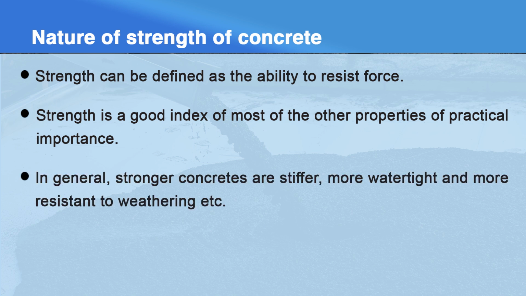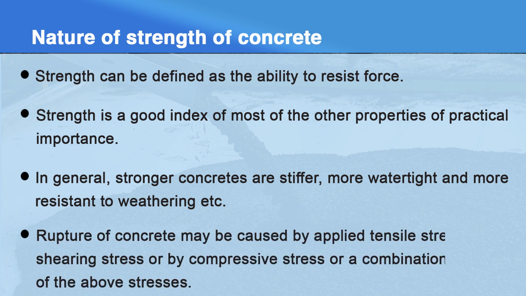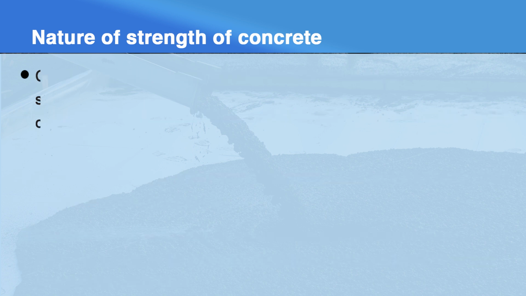In general, the stronger the concrete, the stiffer, more watertight and more resistant to weathering it is. The rupture of concrete may be caused by applied tensile stresses, shearing stress, or compressive stress, or a combination of two or more of the above stresses just discussed.